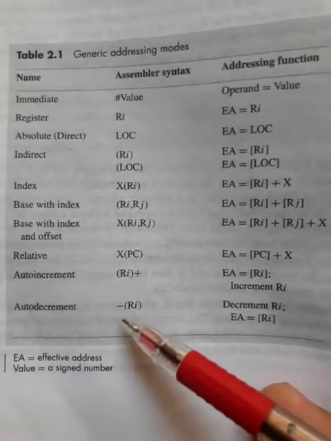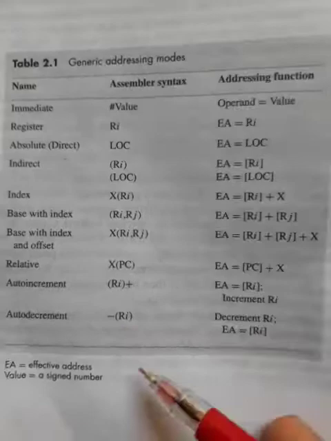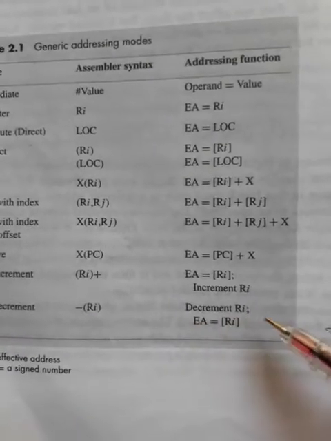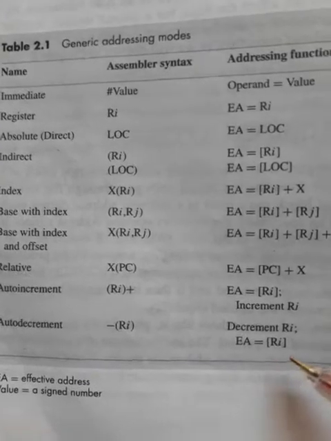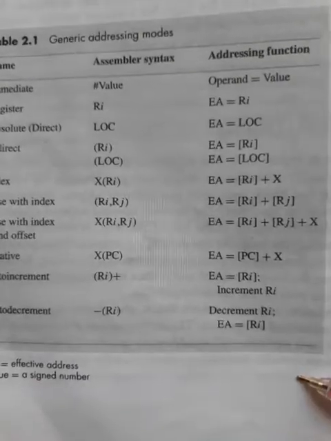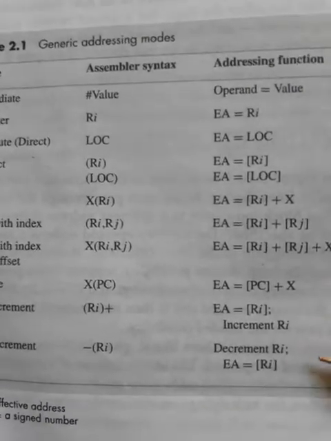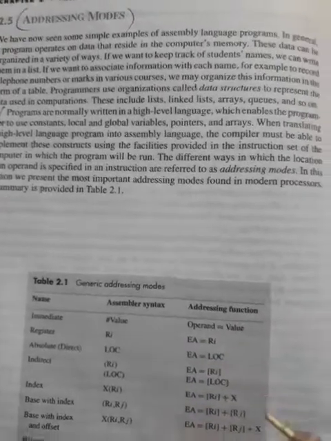Auto decrement is decreasing the value by one; the syntax is minus Ri, decrement Ri, then EA equals Ri. So we increment the address value or decrement the address value. These are all the addressing modes. Thank you. Bye.